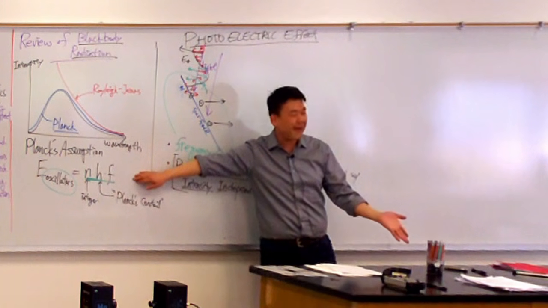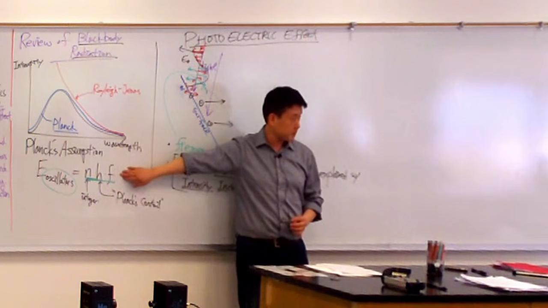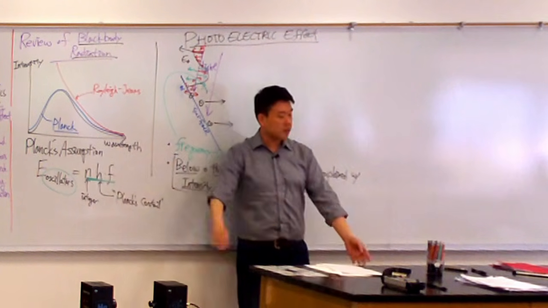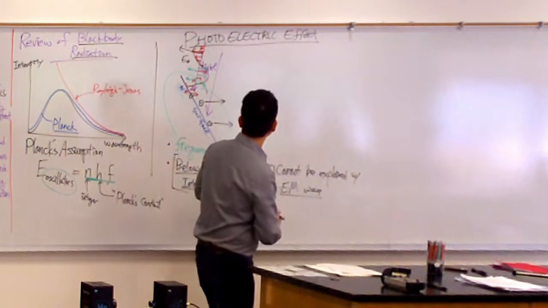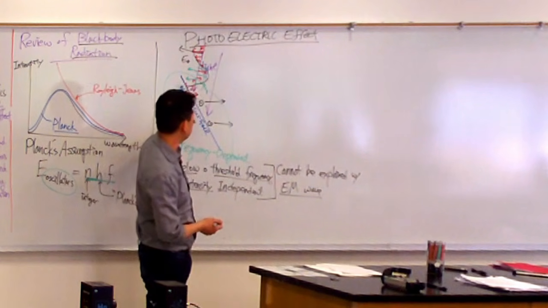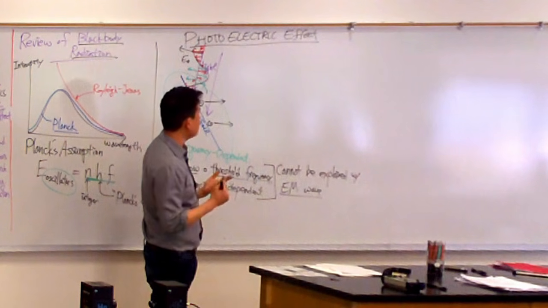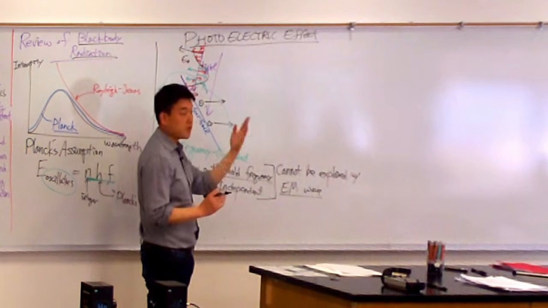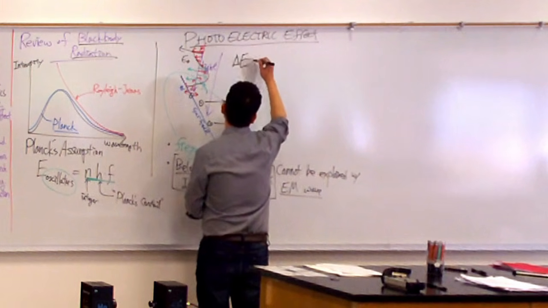I don't know where Einstein got his inspiration, but it's oddly similar to this. So what Einstein hypothesized was, well, maybe when this electromagnetic wave interacts with particles, there's some kind of minimum amount of energy that has to be transferred. So call that minimum change in energy.